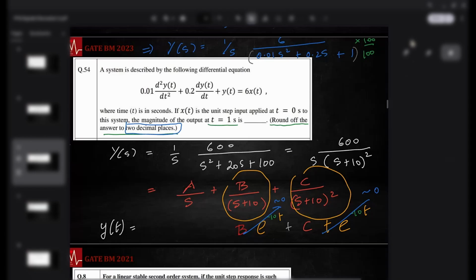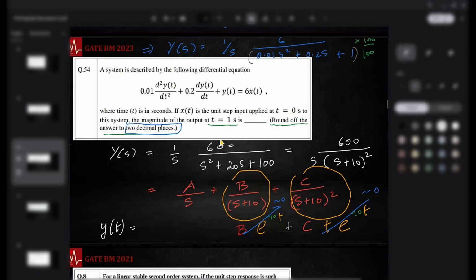So what is the value of A? That is the value of y at t equals 1 second. If you want, you can put u of t is 1. So I know I can find A in 1 second. How do I do that?